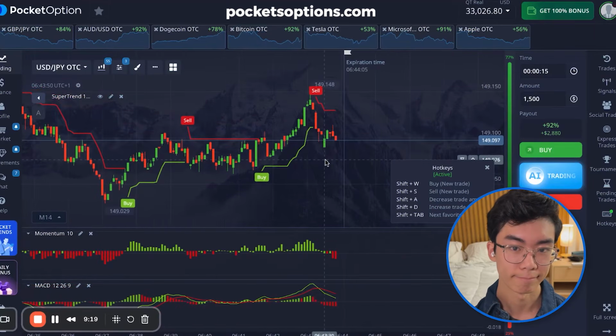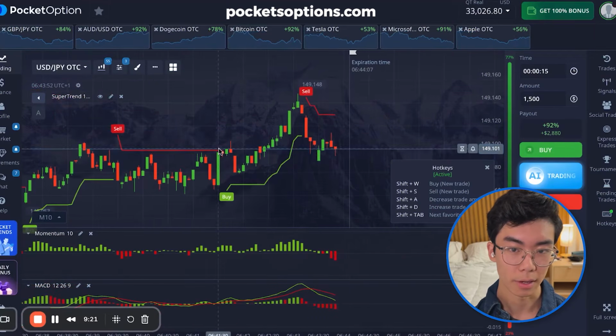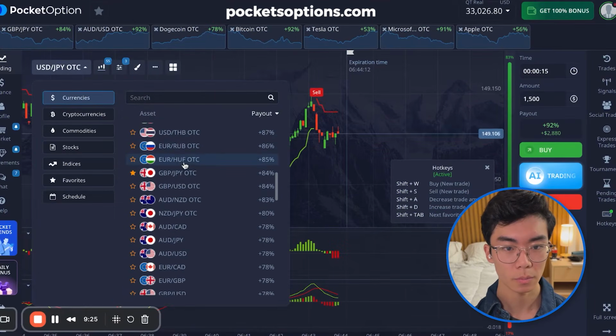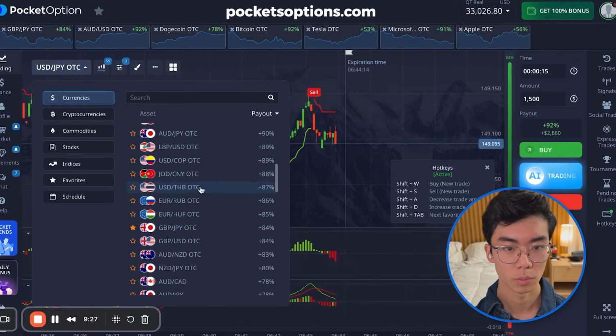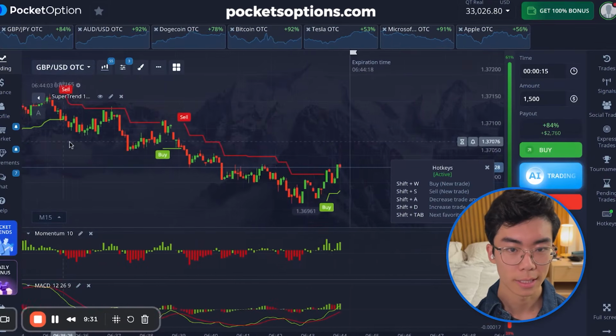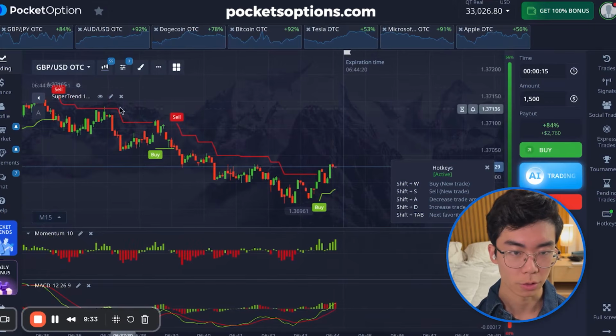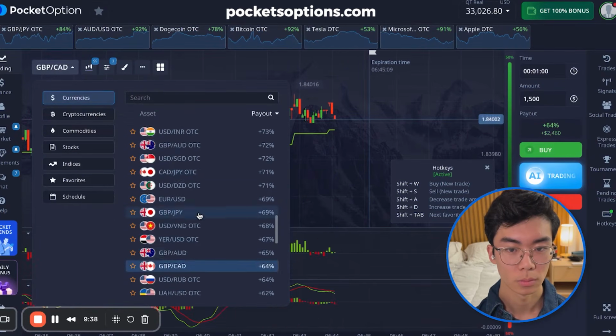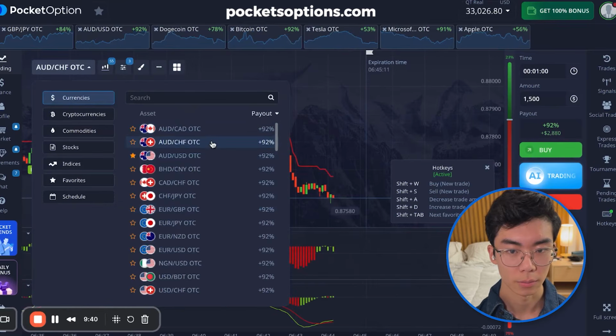So let's see right here. Recent sell motion here, but it's a little bit too late. Recent buy motion here, but trading downwards here. Buy motions are too small. See here.